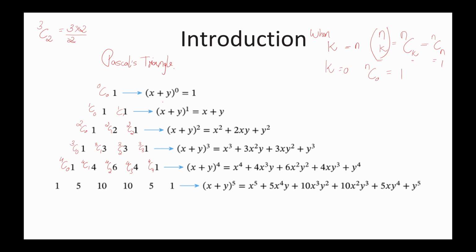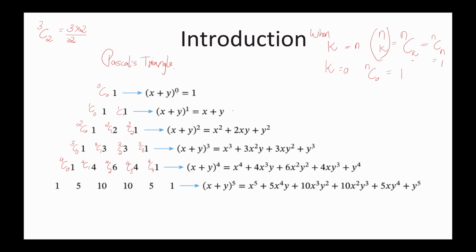Now if I look at this, let's say x plus y to the power n, now this n is increasing at each and every step of my Pascal's triangle. So first I'm taking it to be 0. Of course, anything to the power 0 is 1, so we get 1 here. If I put the value of n to be 1, this becomes x plus y.